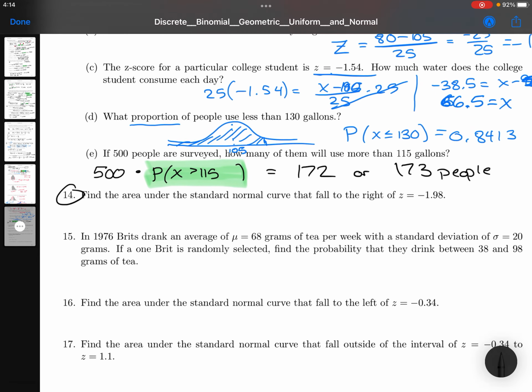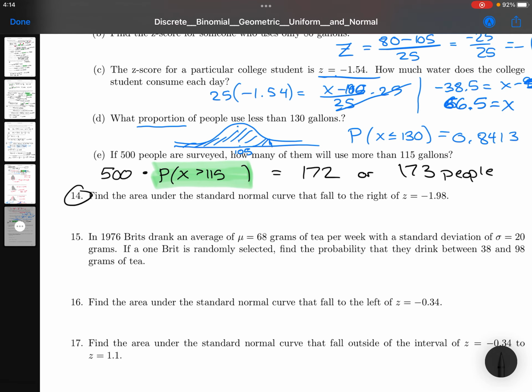14, find the area under the standard curve that falls to the right of negative 1.98. So way over here to the right, the probability that z is greater than negative 1.98. So negative 1.98 is my lower limit.